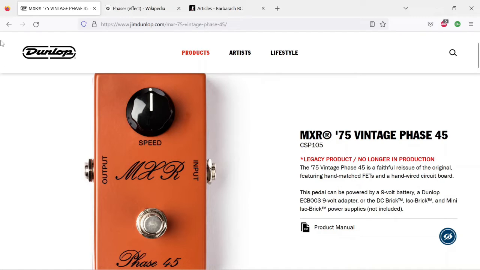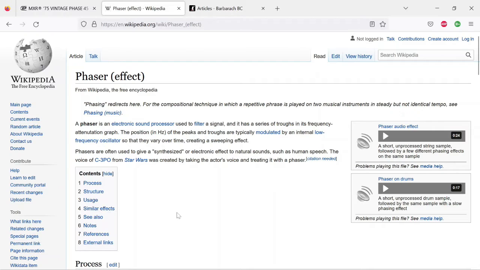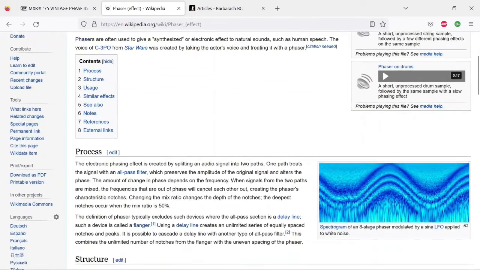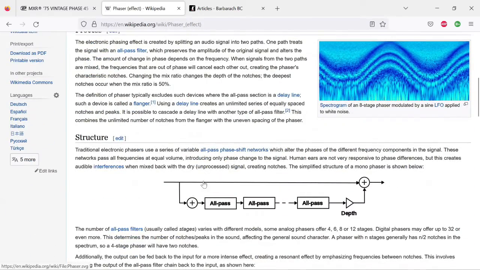What is this effect? Well, it shifts phase, as its name says. But what does that mean, and what does that give us? This diagram shows it the best, I think. There's what's called an all-pass phase shift network. What it does is just pass the signal.